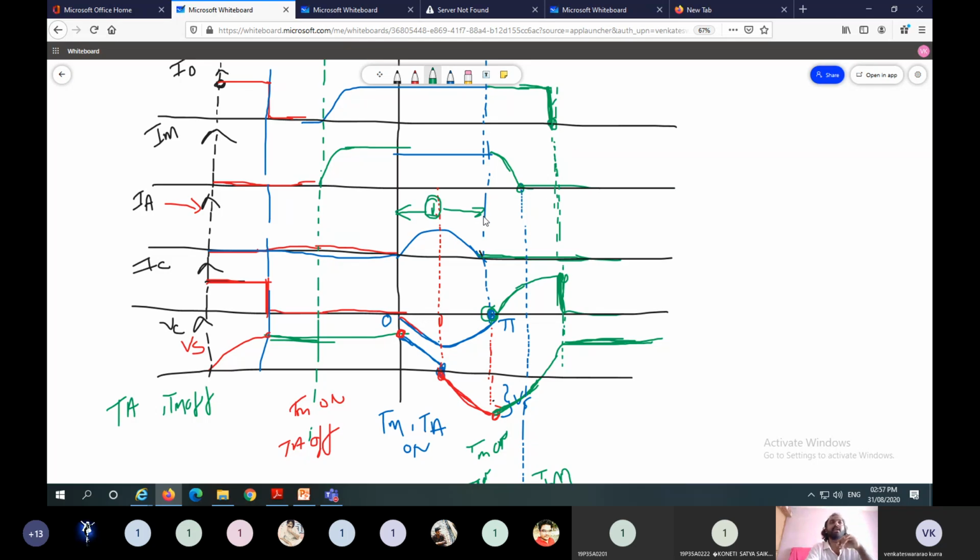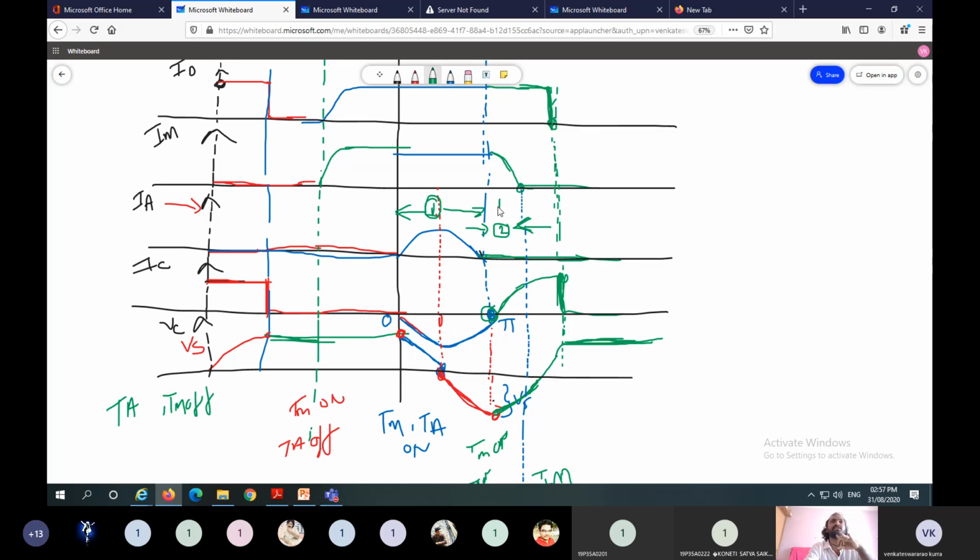So after the end of mode 1, the auxiliary thyristor will be turned off. Next, in this time period, the main thyristor will be turned off. This is mode 2, from this time to this time. This one is mode 2.